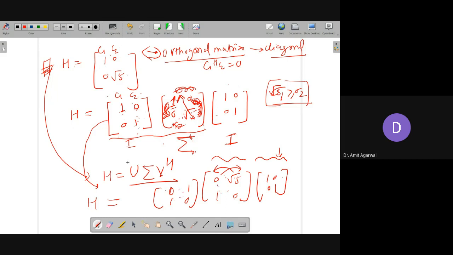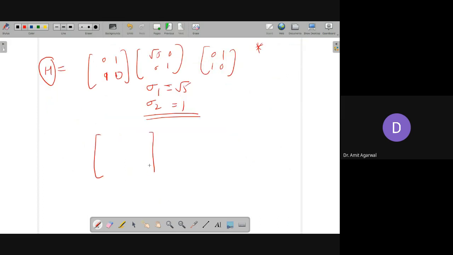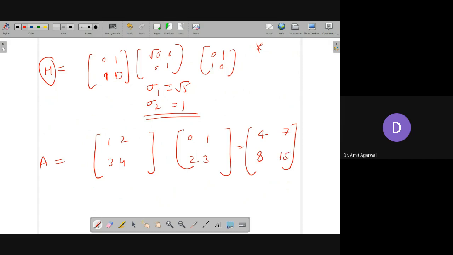And you will see that, okay, just take any example. Just tell me any two matrices. Okay, just take 1, 2, 3, 4 and 0, 1, 2, 3. So what is the product of this matrix? 4, 1, 6, 7, correct? 3, 8. Okay, now we say we have to flip its rows and we flip its columns.